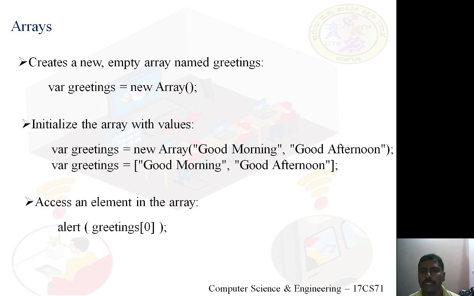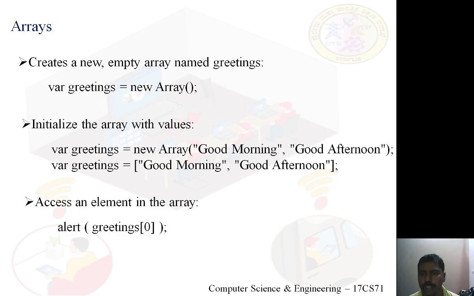In the first case I am creating an empty array. Now while creating an array object, you can initialize the array object with some values, and the second example does that. One is using the new operator and the other without using the new operator.